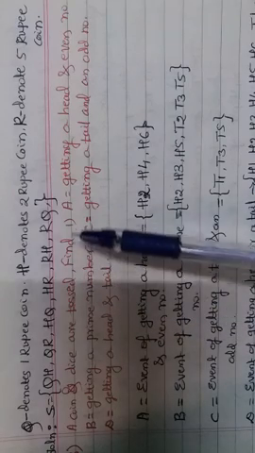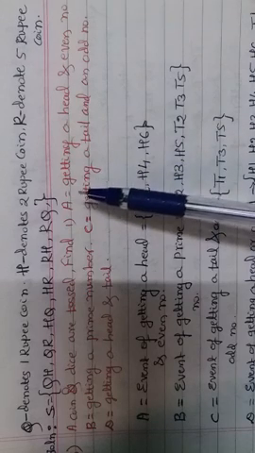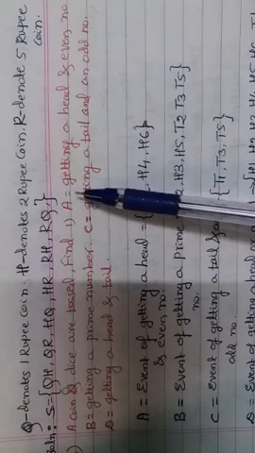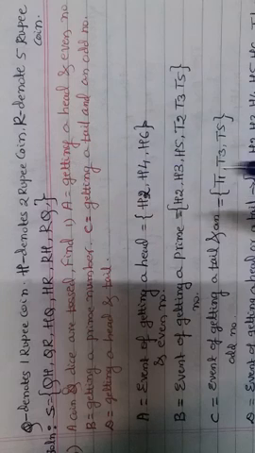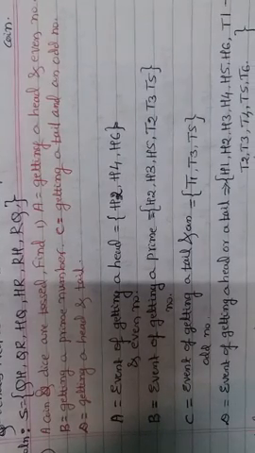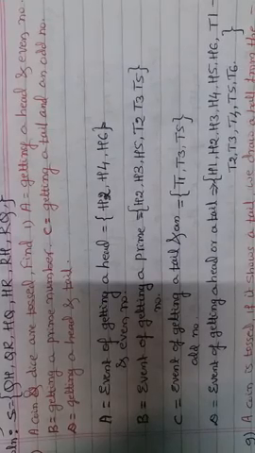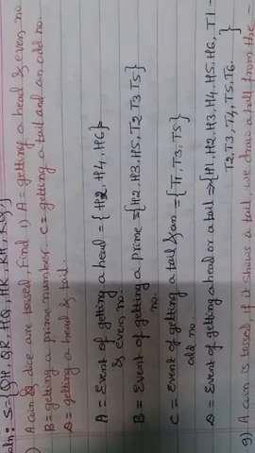Totally 6 outcomes are there. Hence the number of outcomes in the sample space is equal to 6. This is the 7th answer. So once again you confirm the answer which you would have solved as homework on that day.